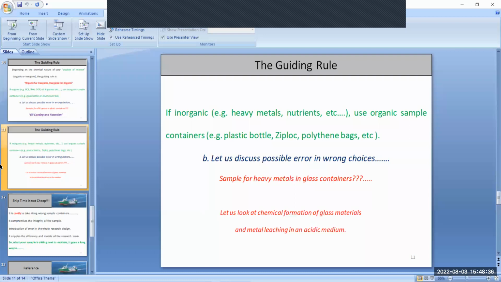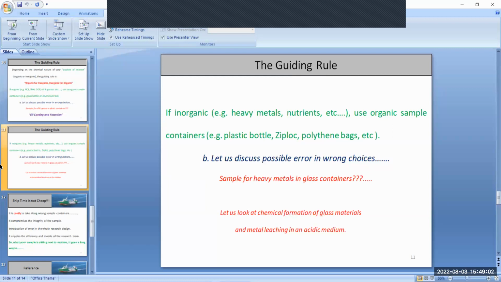You know that during the collection of heavy metal samples, you need to add a few drops of concentrated acid. And also know that at low pH, all metals tend to be in solution. So what will happen to the inner wall of your glass container is that a process called leaching will start taking place.